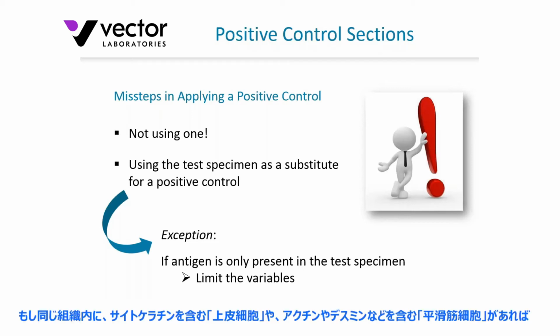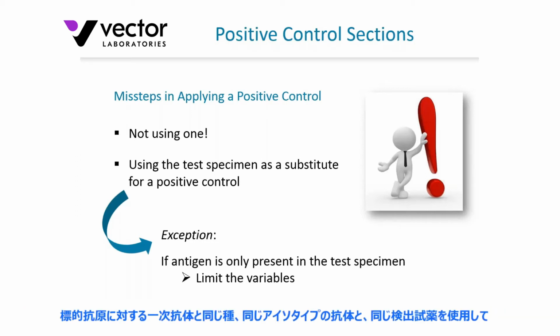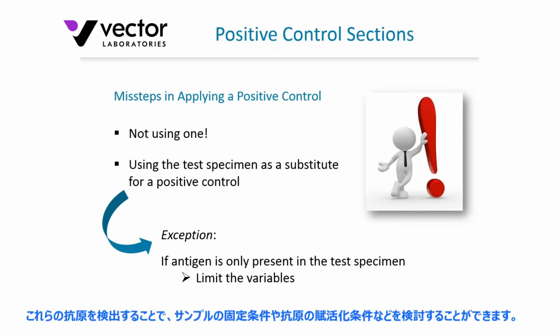Are there any epithelial cells where you could use a cytokeratin? Are there any smooth muscle cells in that same section where you could use an actin or a desmin or something like that, that you could then use a primary antibody of the same species as that target antigen, as the same isotype, and use the same secondary detection reagents to then show that all of those are working in that test specimen, that it's been antigen retrieved appropriately, it hasn't been overfixed, those sort of variables.